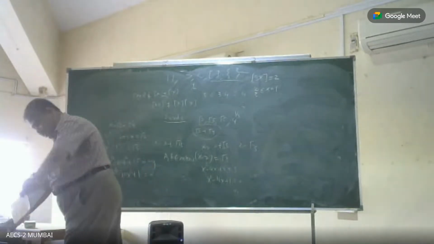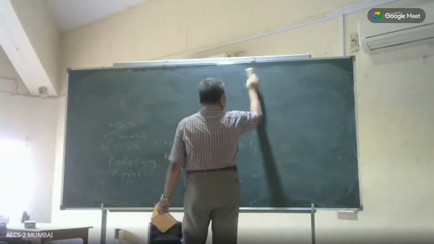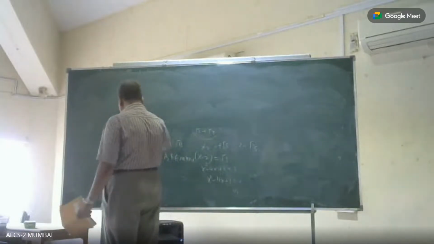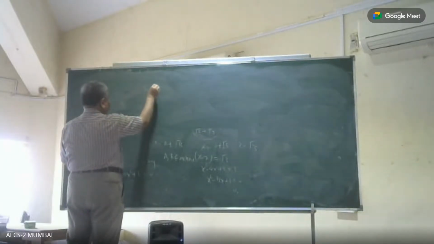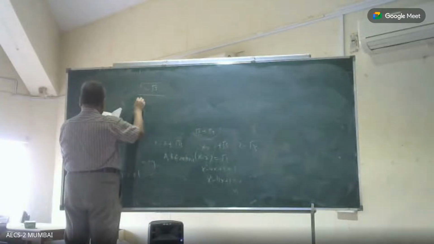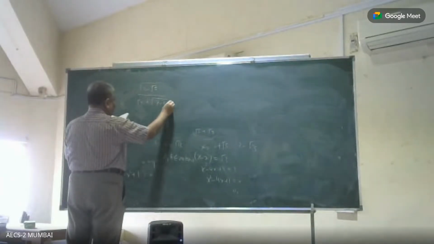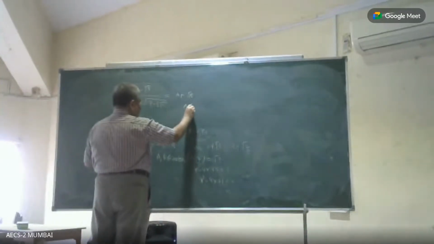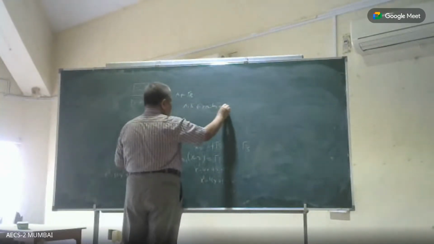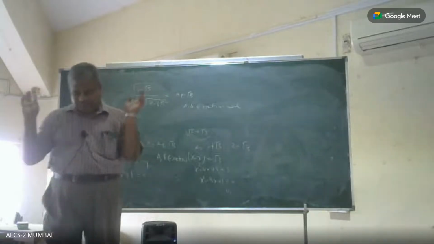Yeah, this question, concentrate. 3 minus 2 root 5 upon root 2 plus square root 7 minus 3 root 5 is equal to a plus root b, where a and b are rational numbers. So find out a and b. Concentrate.